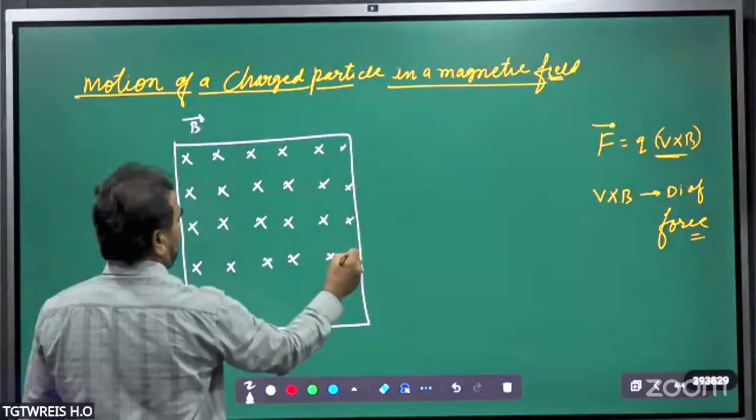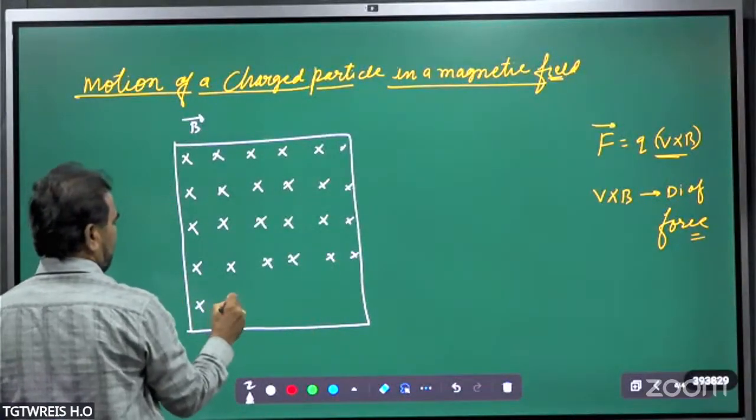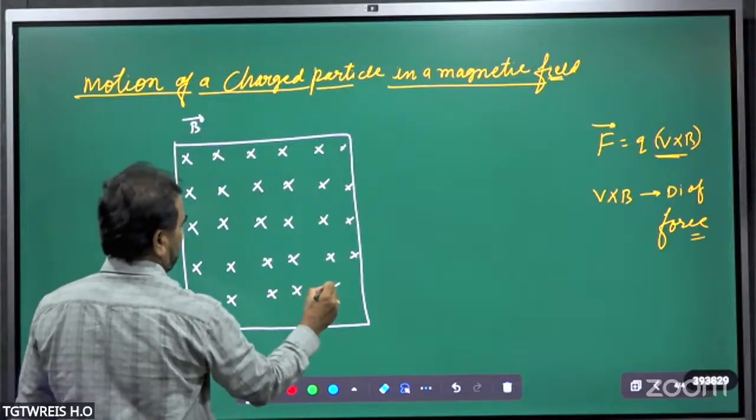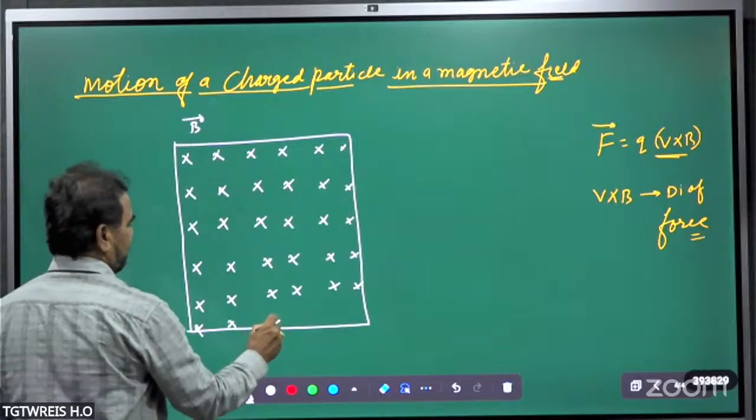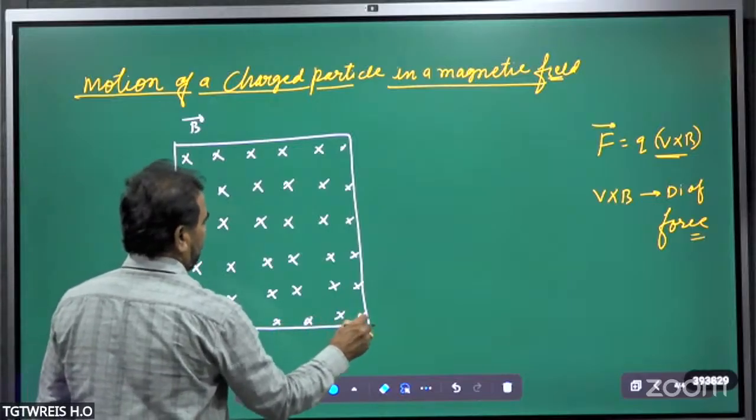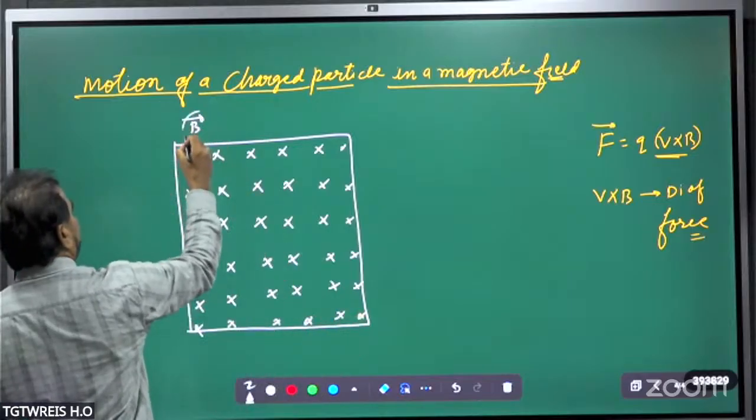The field acts perpendicular to the plane of the paper, and it has induction B.